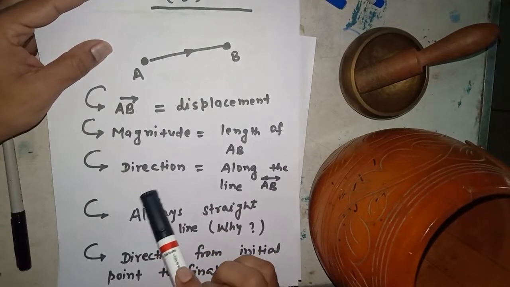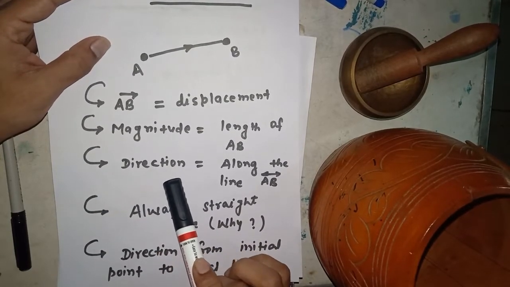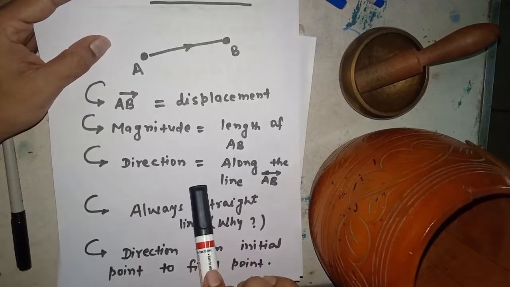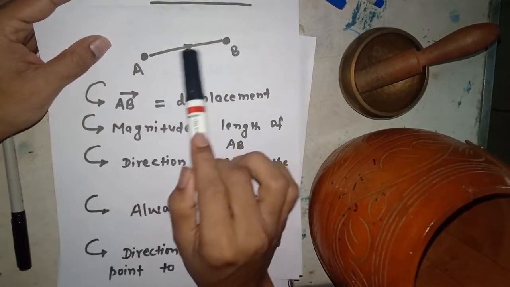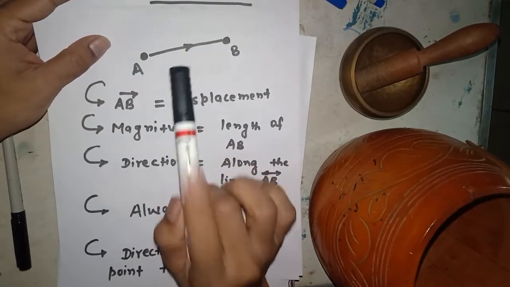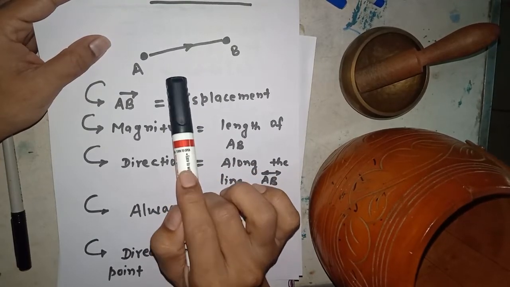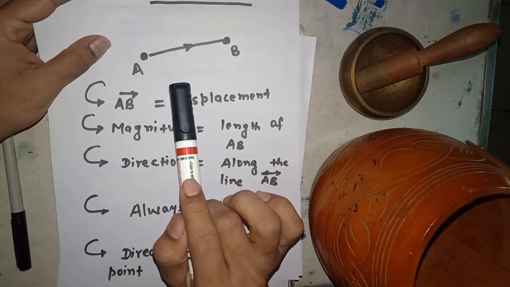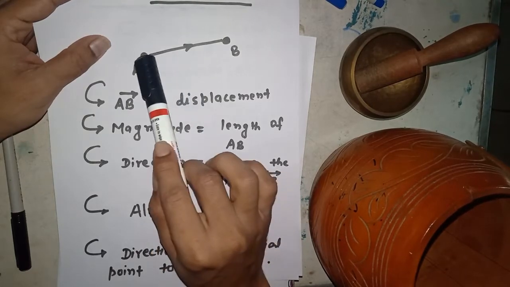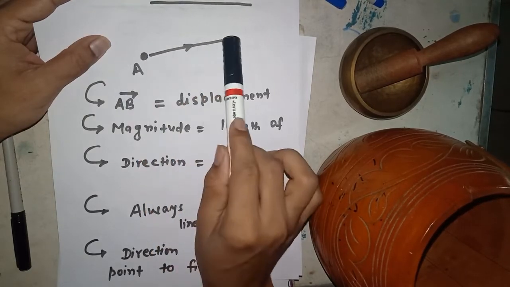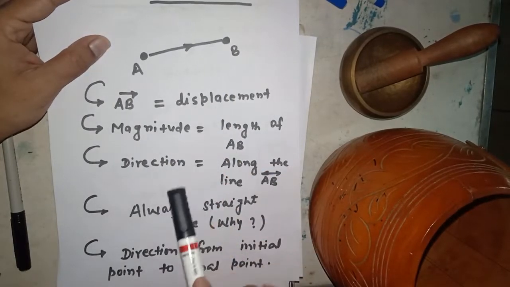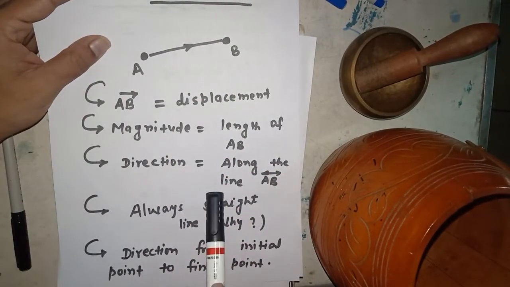And the direction can be assured by this line, because a single line gives a single direction. A straight line gives a single direction. So the direction must be from this side to this along this line. So for the direction, we have to go from the line AB.